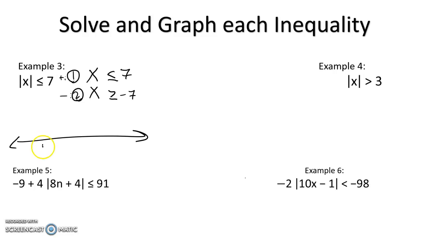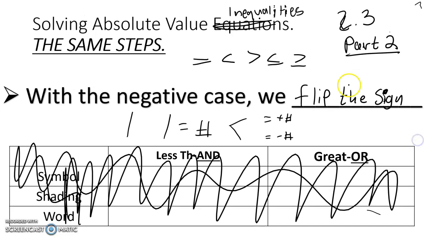Negative 7 goes over here, 7 goes over here, with closed circles. x is less than or equal to 7, which means I shade all the numbers less than 7. And x is greater than or equal to negative 7, so I shade all the numbers over here.